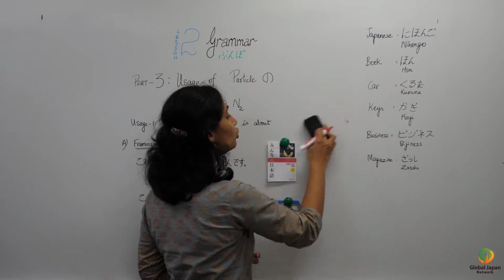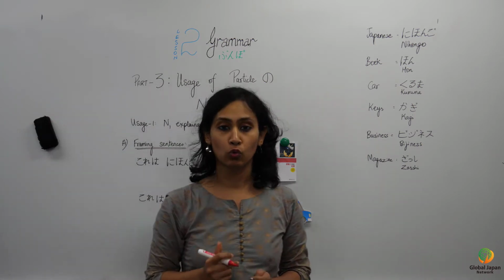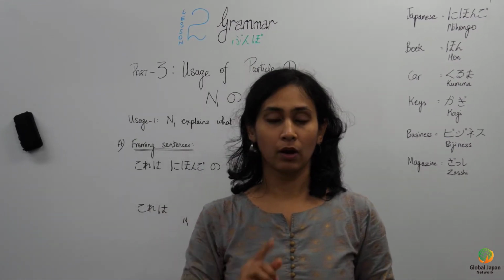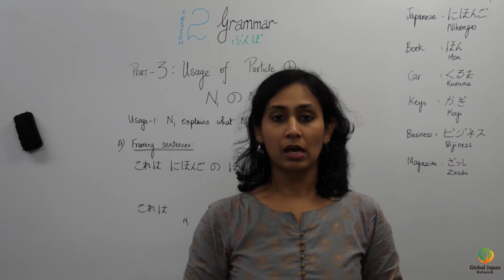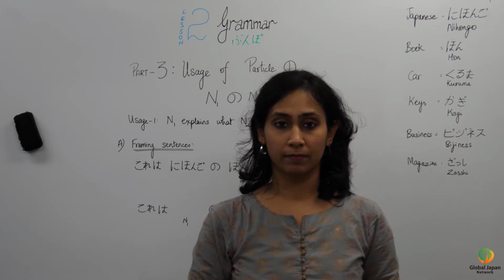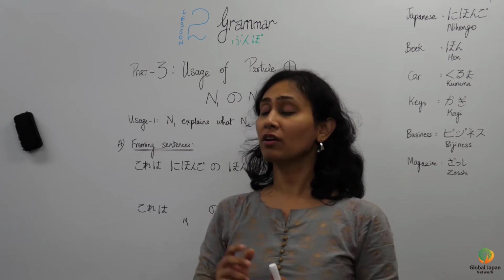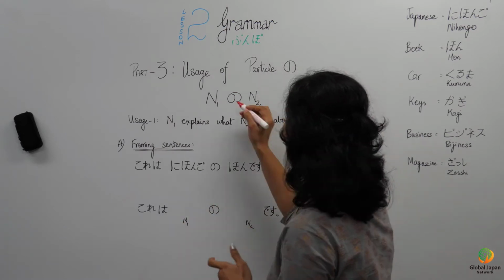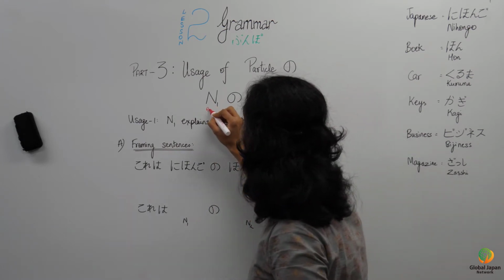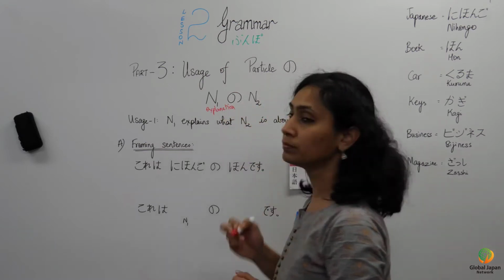Moving ahead to learning two more usages of particle no. Remember two basic rules. First rule, no always connects two nouns. Second rule, whenever no is used as a connector between nouns, N1 is going to give some explanation about N2.